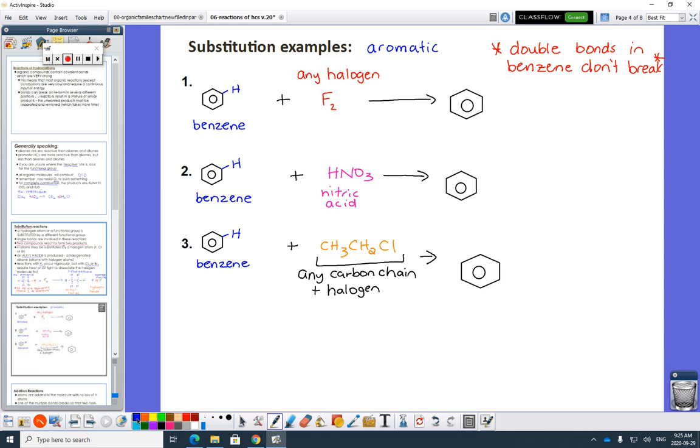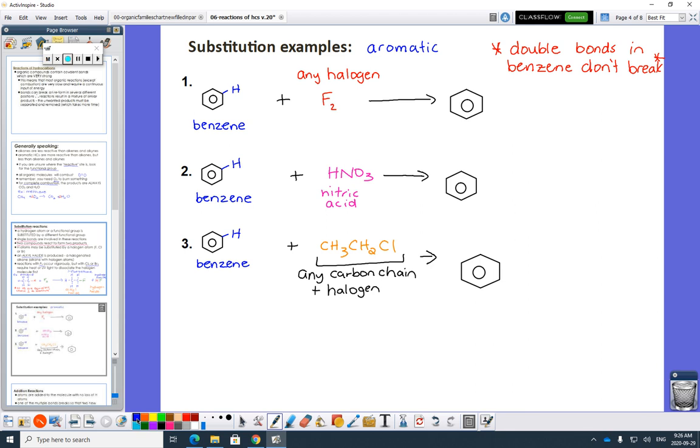So we're going to do the same thing. Substitution, you have to switch. If you take a hydrogen off, you have to put something on the chain, and in this case, the chain is benzene. So there are 3 choices. Again, it could be any halogen, like Jovan said. Why did I pick fluorine? It could have been bromine or chlorine.